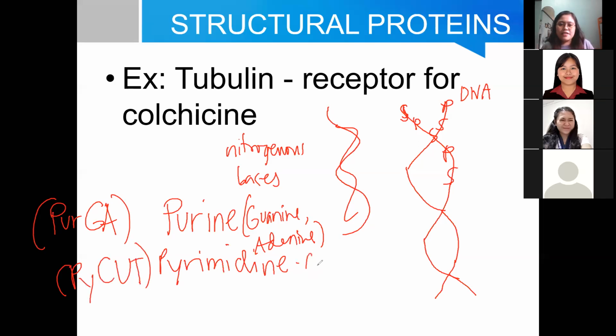You have here cytosine, uracil, and thymine. So, makita siya diri sa center. So, pares-pares ni sila. Guanine will partner with cytosine, and then adenine will partner with thymine.